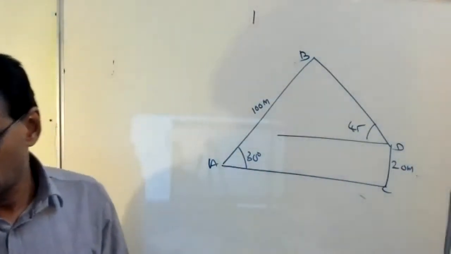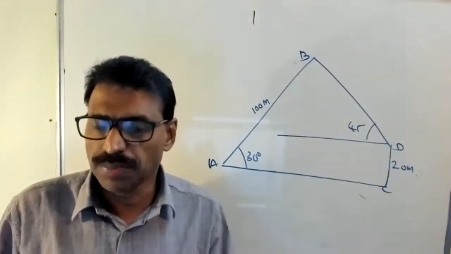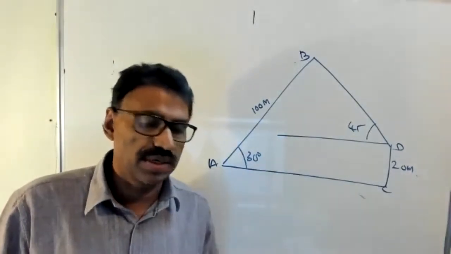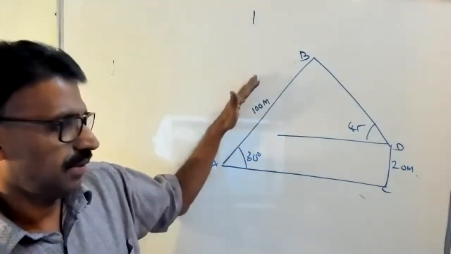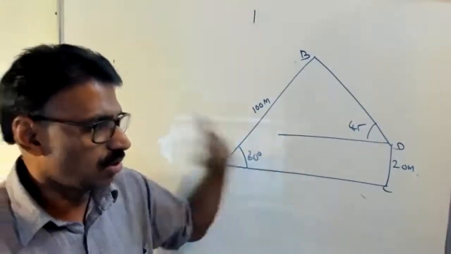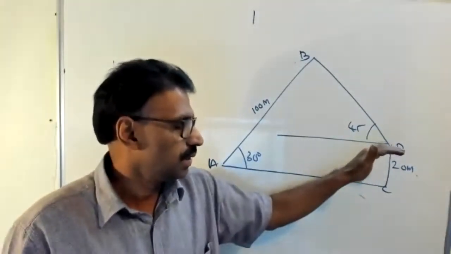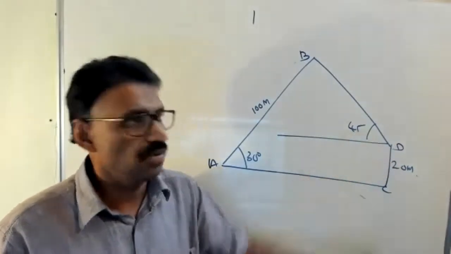This is the question. The boy on the ground saw the bird at an angle of elevation of 30 degree, and the distance between the bird and his point is 100 meter. A girl on the opposite side, 20 meter above, is standing and she saw the same bird at an angle of elevation of 45 degree.